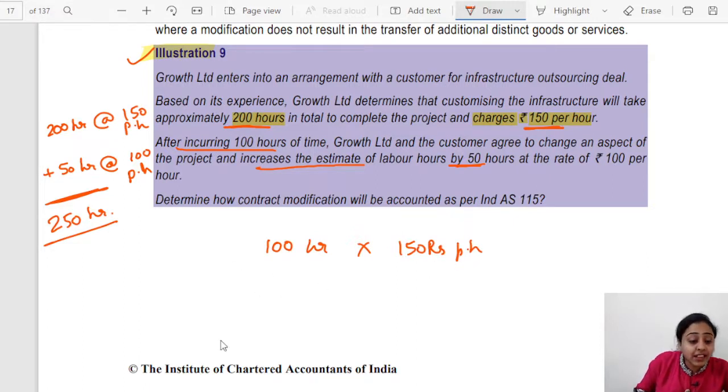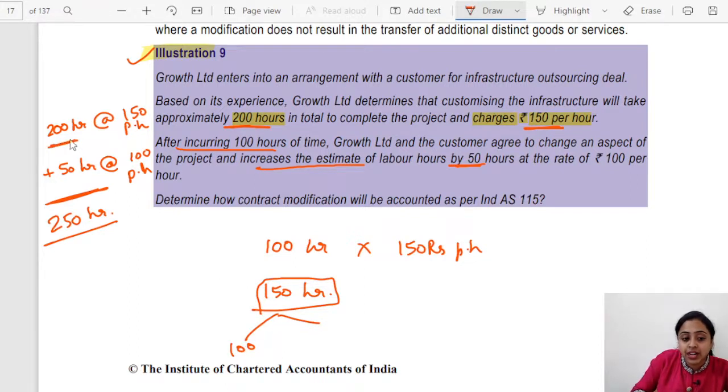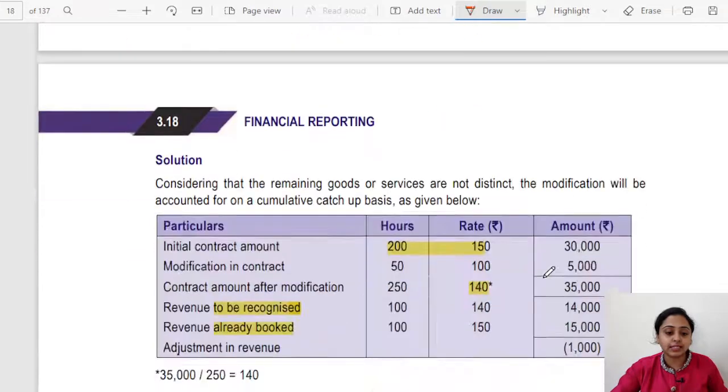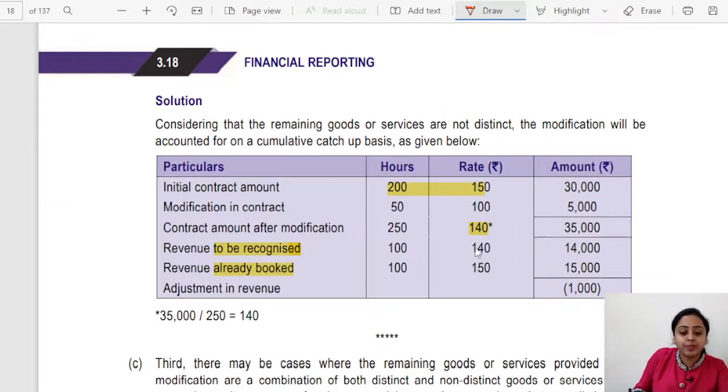The remaining 150 hours, you need to see how they should be recorded. These hours should be recorded at a new rate. How to calculate that new rate? You will take a weighted average, and as per that amount, you will be multiplying these 150 hours. Next, see the solution, you will come to know.